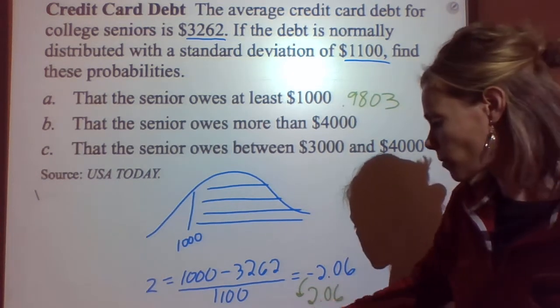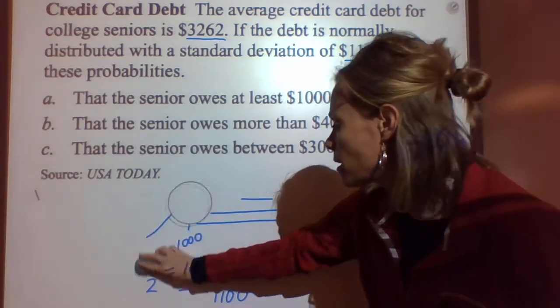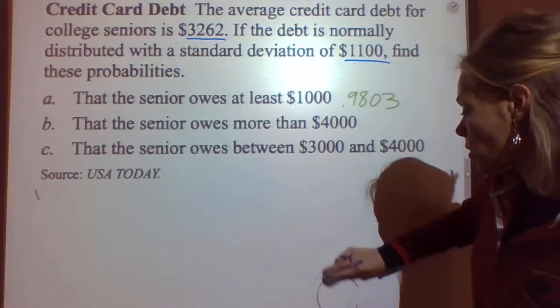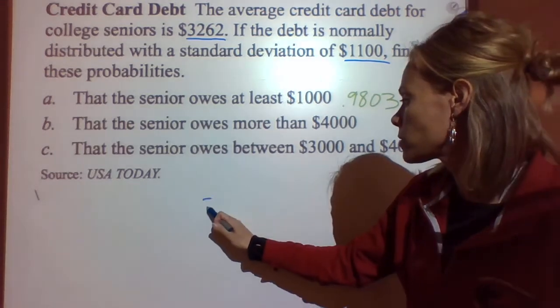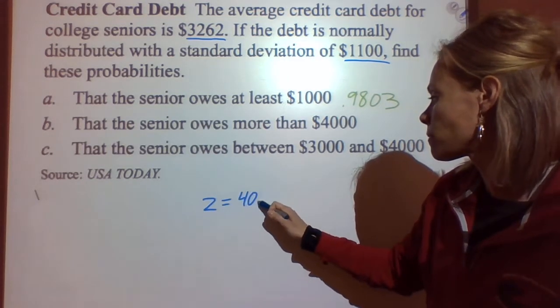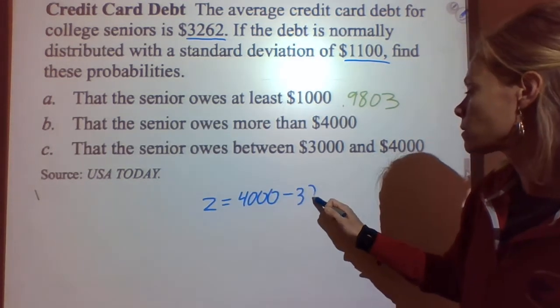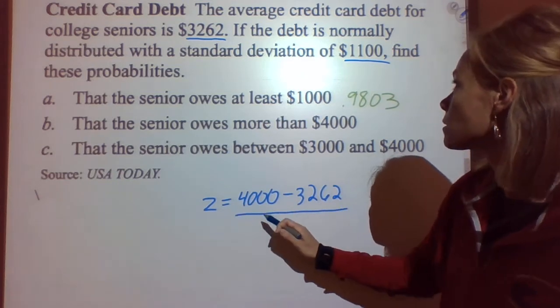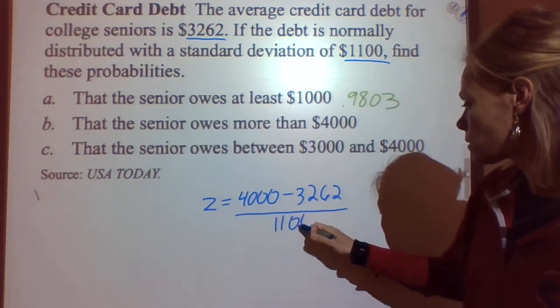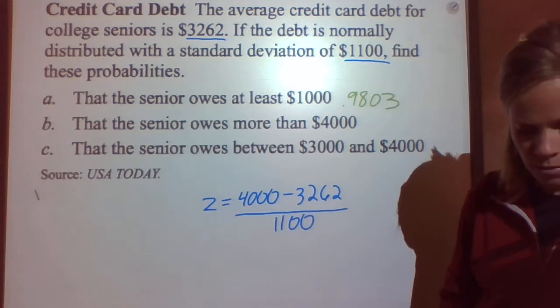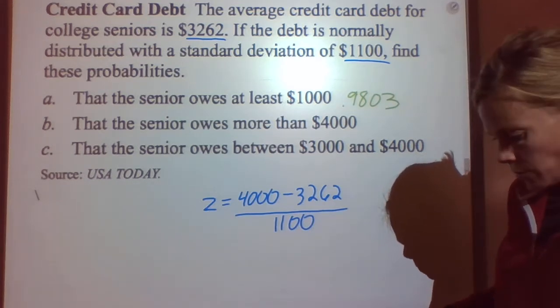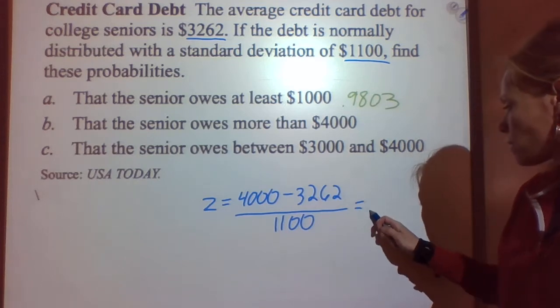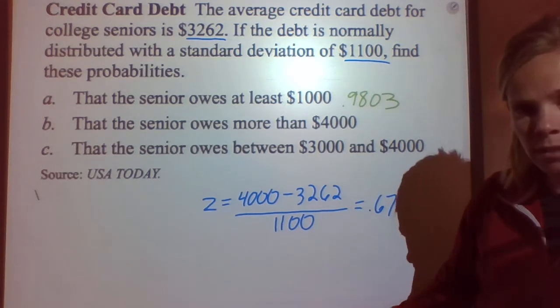Okay, so more than $4,000, what does that mean? That means area to the right, more than 4,000. So we first need to find our z-score. So 0.67, am I going to look up 0.67?